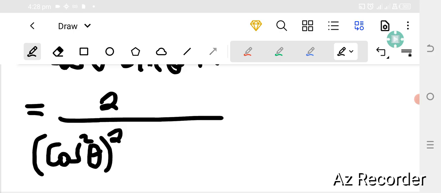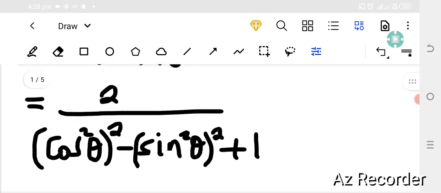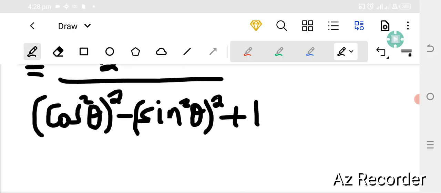If you were to simplify that, you would have cos theta to the power 4. Then minus sin theta to the power 4 is the same as writing sin theta squared, like that, raised to the power 2, like that. Then we maintain our plus 1. So this is the difference of 2 squares. So you have something squared in there and something squared in one bracket.